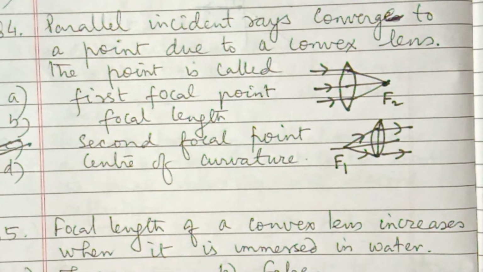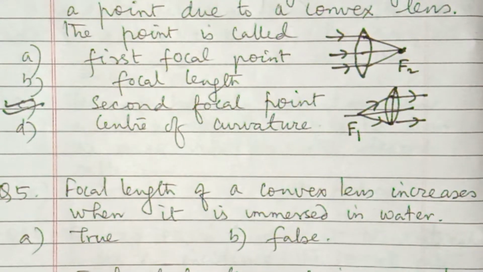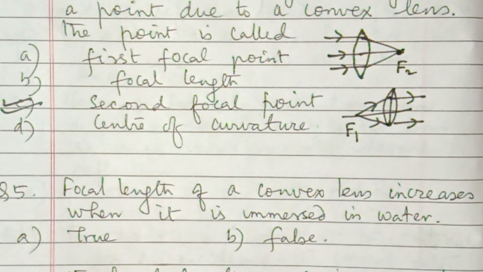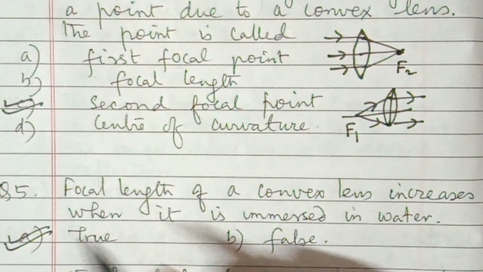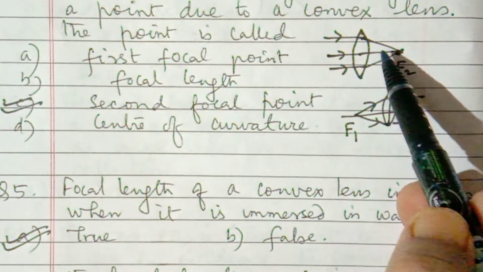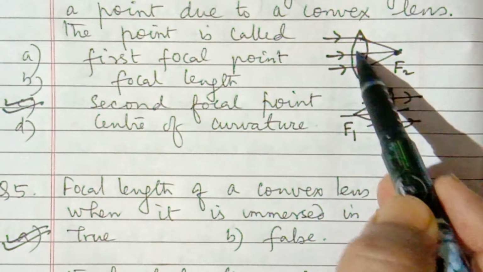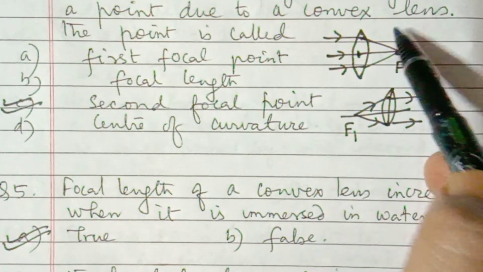Let us go to the next question. Question number 5, focal length of a convex lens increases when it is immersed in water. So this is true, because usually the lens is made of glass and placed in air, so the outside medium is air.